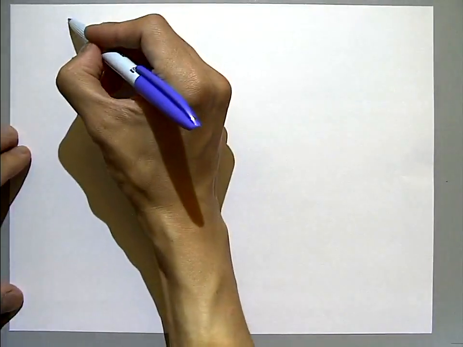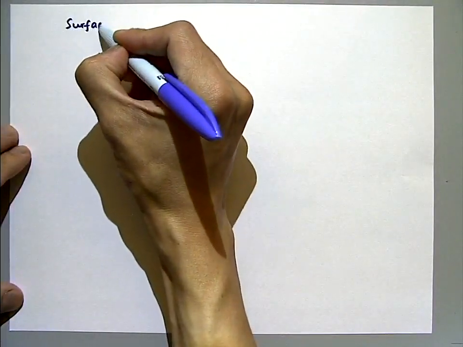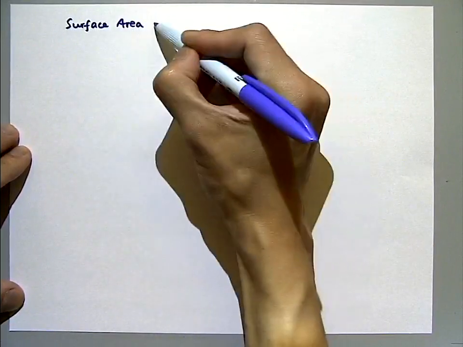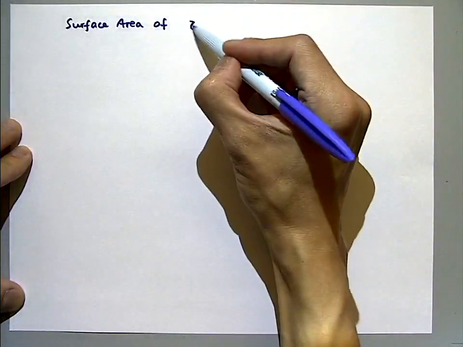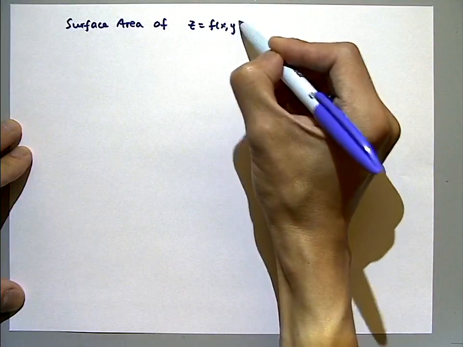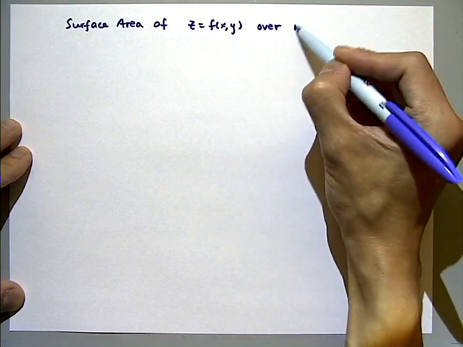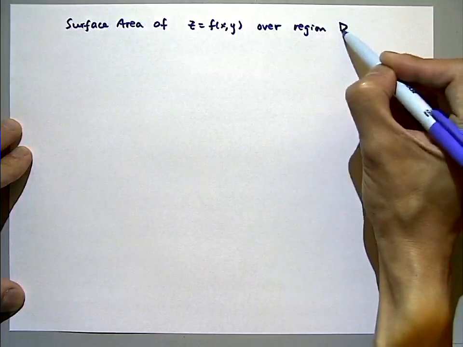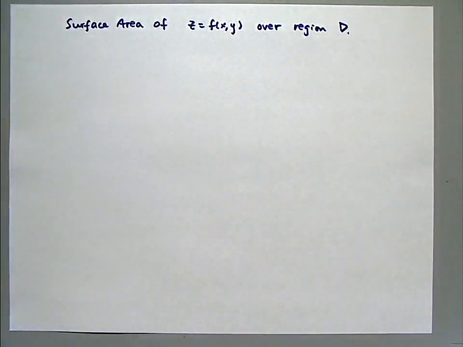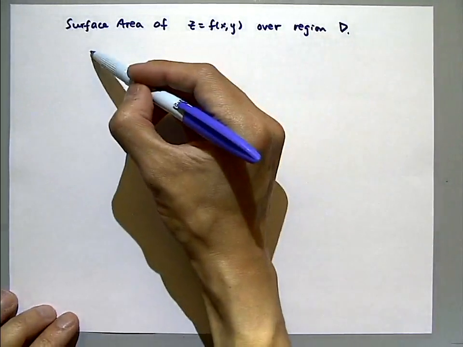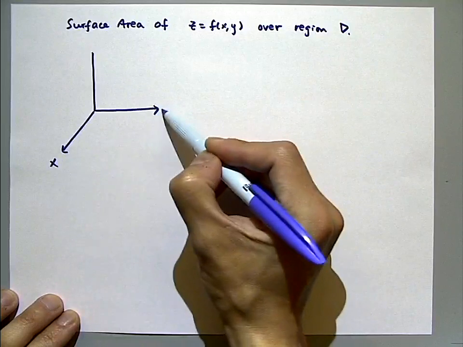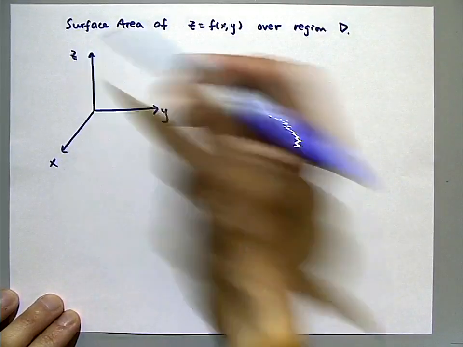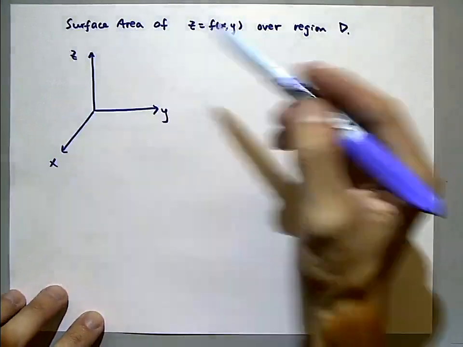Okay, the next thing we're going to use double integrals to do is to find the surface area. Imagine you got some kind of surface.